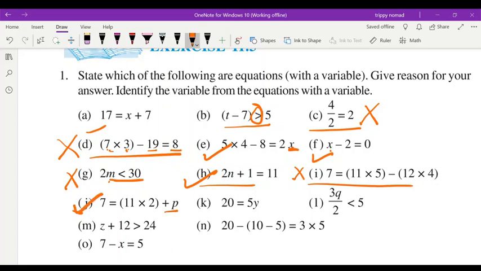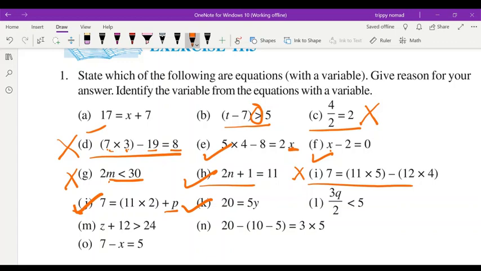Now next one, 20 is equal to 5y. This is also an equation with variable. This is also correct. And then in L, what have they given? They have not given an equal sign. So this is not an equation, right?